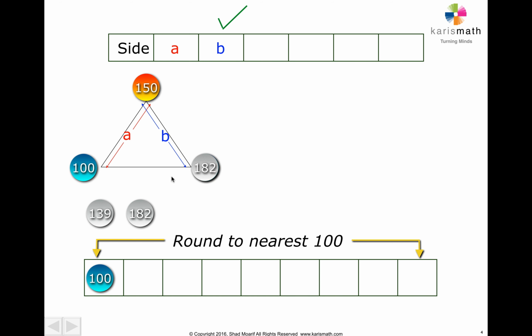So the number 182 rounds off to 200. That's the nearest hundred that it rounds off to. That means 82 is roughly around 100, so add another 100 to 100 here, it becomes 200.